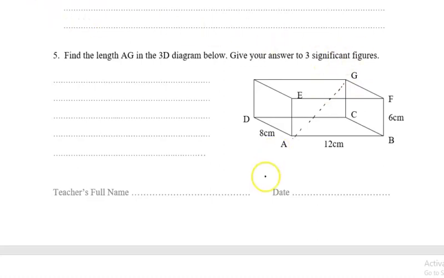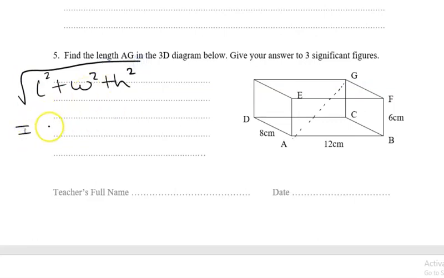Now to find the length of the longest side inside a cuboid, which is a diagonal, you can use the formula length squared plus width squared plus height squared, and then square root the whole. So that's going to equal 8 squared plus 12 squared plus 6 squared.